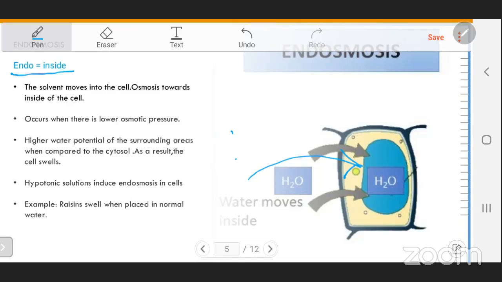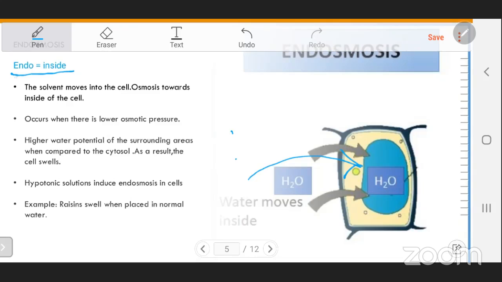I am saying it again. Endo means inside, that is, water always enters inside the cell. And you have seen I have placed some resins in some hypertonic and hypotonic solution. I will explain what happened to them in the last minute of the session.